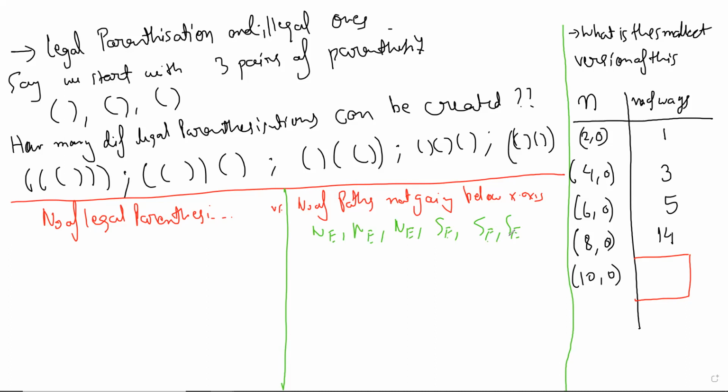Does everybody see that? At any point in the journey, the number of southeast moves is never more. This is the very meaning of not going below the x-axis.